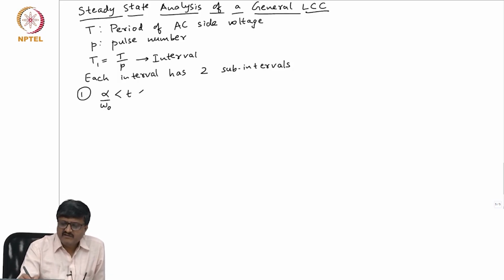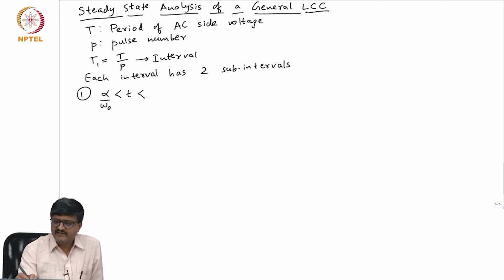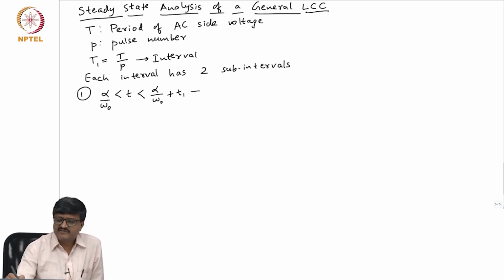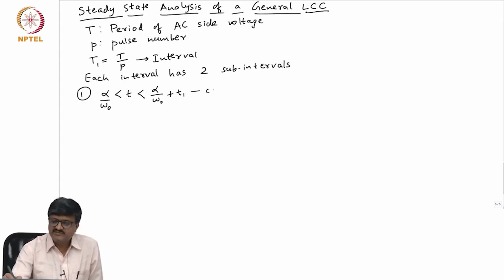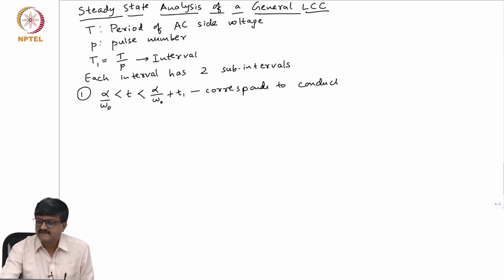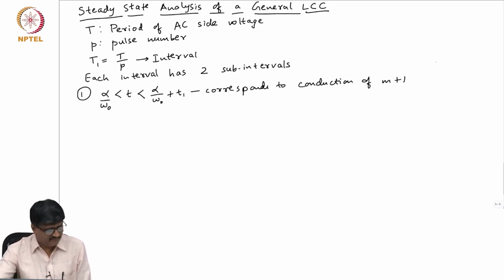Then I will call the other end of the first subinterval alpha by omega O plus T1. So, this subinterval corresponds to conduction of m plus 1 valves.